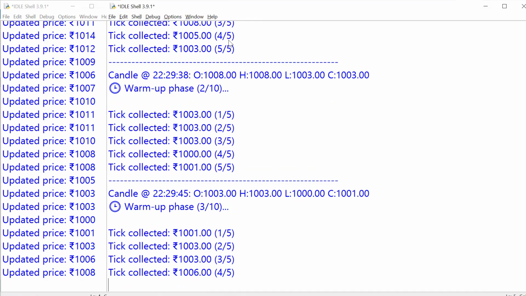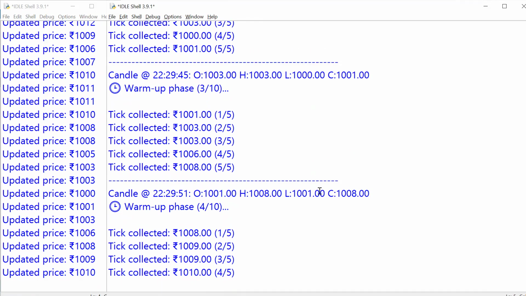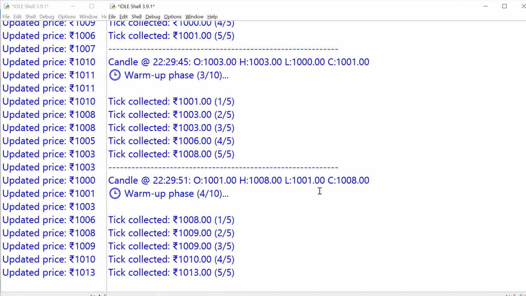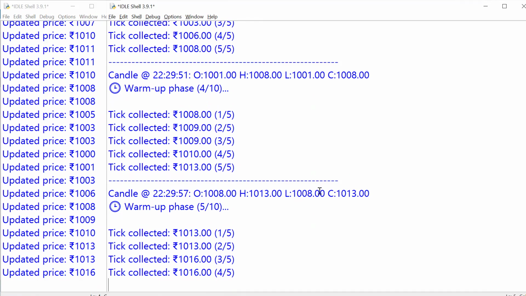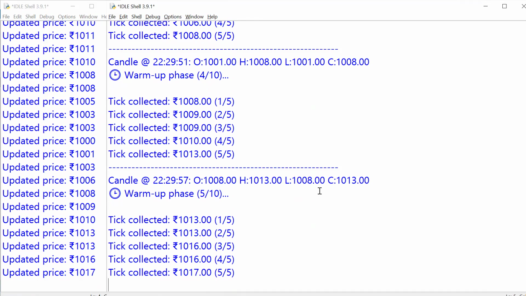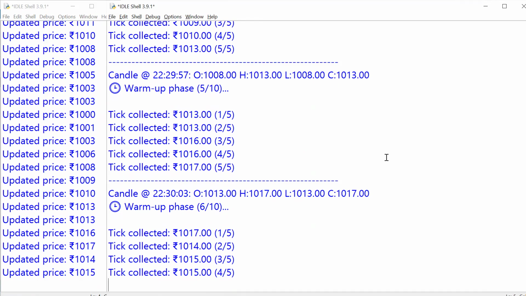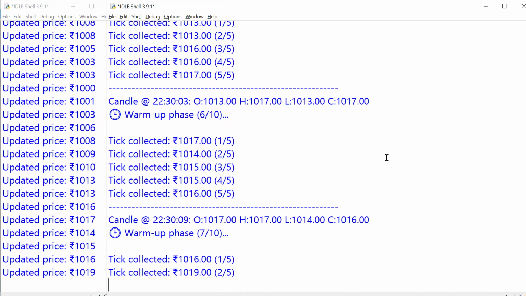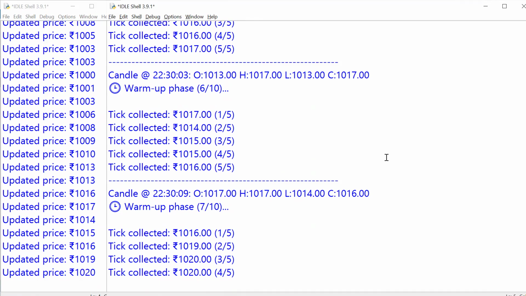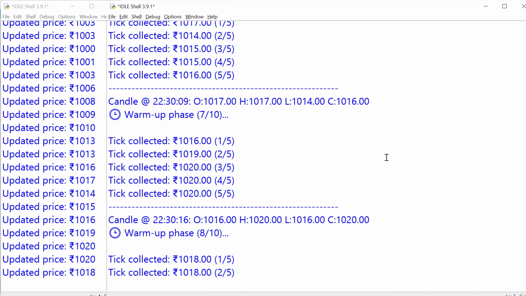Okay, here we come. So this is called the warming phase. We are continuously collecting price from the exchange and we are finding out what is open, high, low, close, and from this we are going to calculate the required ADX, required ATR and plus DI and minus DI.